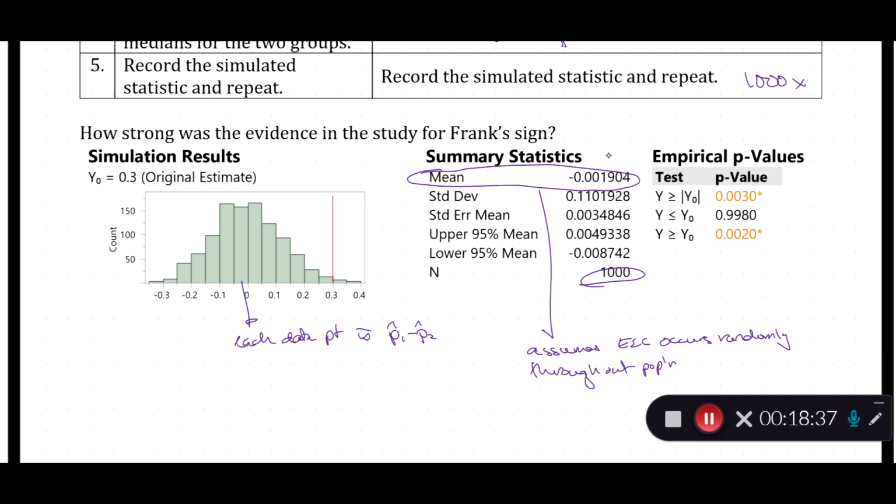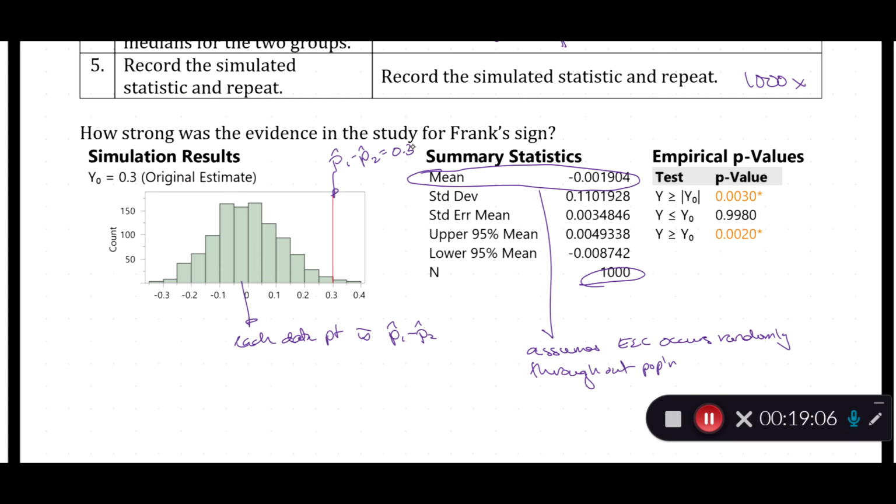Let's look at this. Our sample difference that we identified before was 0.6 minus 0.3, or a difference of 0.3. So this is what we got from our actual sample, a P1 hat minus P2 hat of 0.3. Does this seem unusual based on all these many possible sample differences in proportions that we might have observed had we done this many, many times?